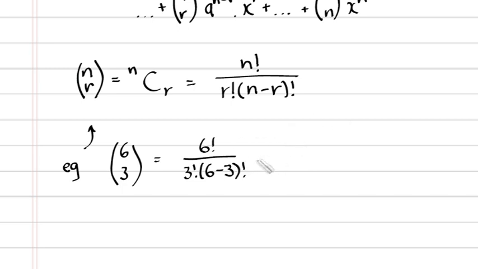Quickly evaluating that now, we get 6 by 5 by 4 by 3 factorial over 3 factorial, which will cancel out with the top, and we're just left with 6 minus 3 factorial in the denominator. Pretty quickly we see that 3 by 2 cancels with the 6, we get left with 5 by 4, or 20.